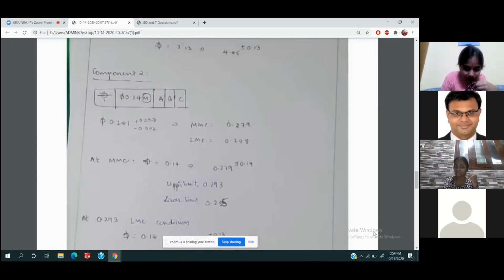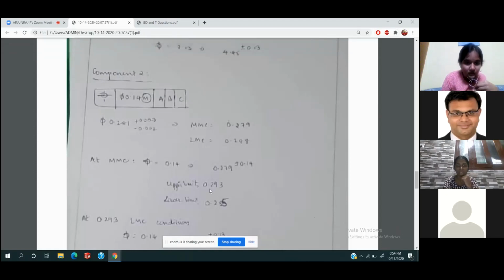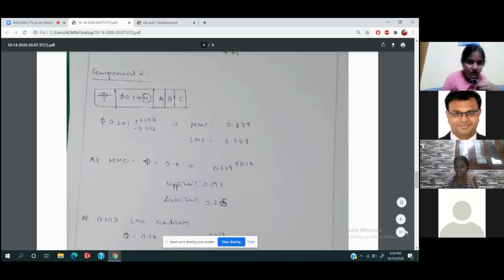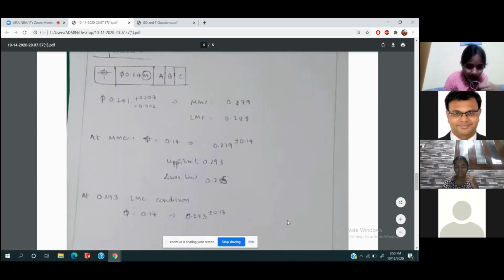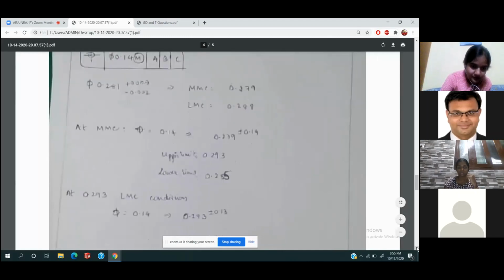Final result is 0.293, or 0.203? What is the value? Kavya, scroll two points down. 0.293. Getting a different value. Still more down. 0.293. Okay, let it be this one.